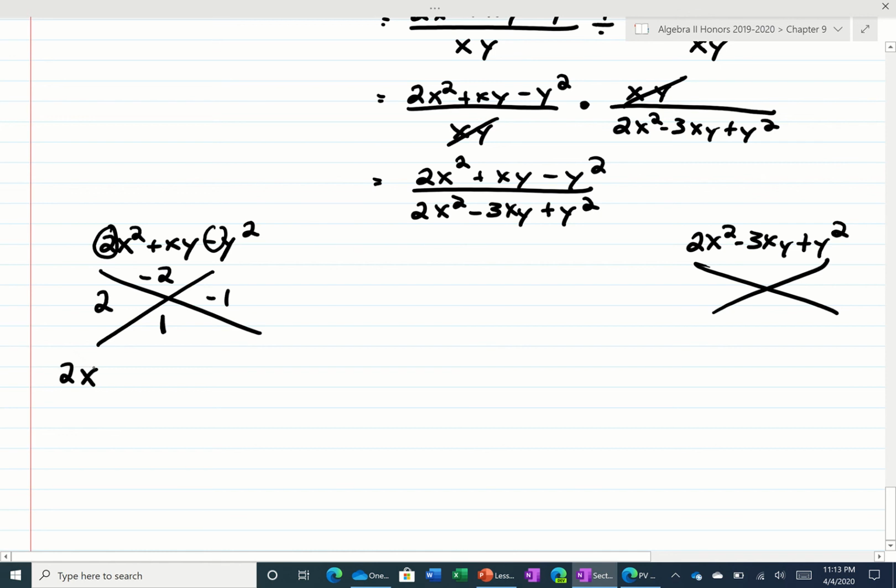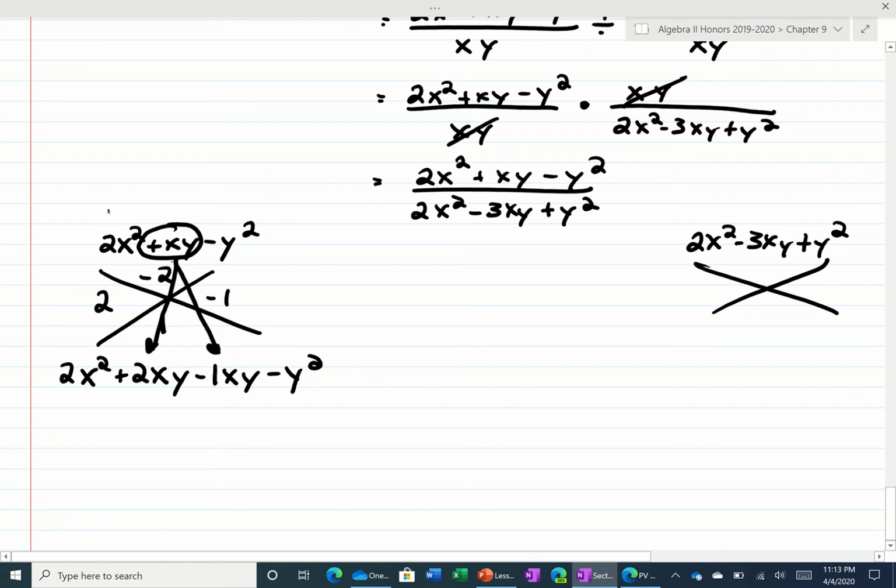So we could write 2x squared plus 2xy minus 1xy minus y squared. You see how what I did is I took this 1xy and I broke it up into these 2 separate terms. So whenever you have a trinomial, you always want to look to see if you could factor.